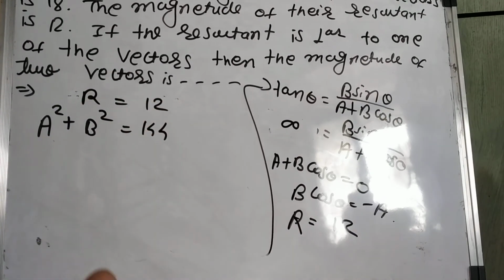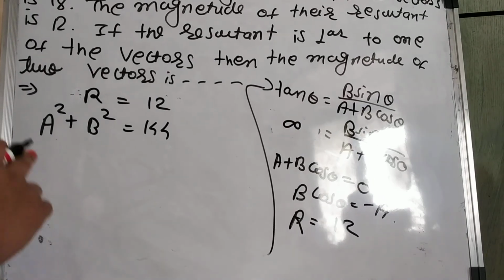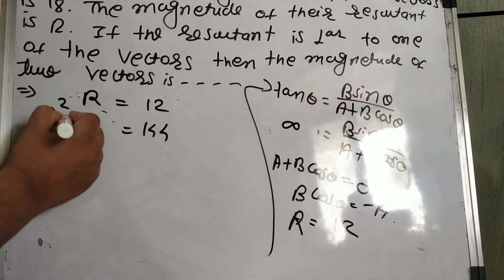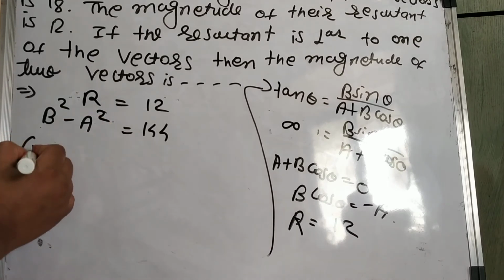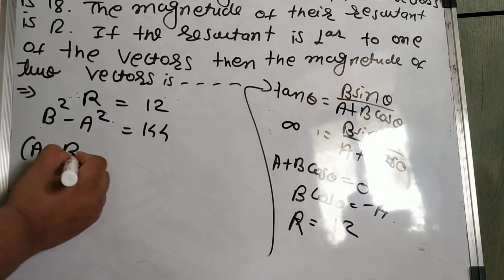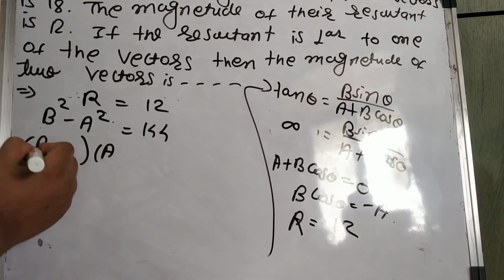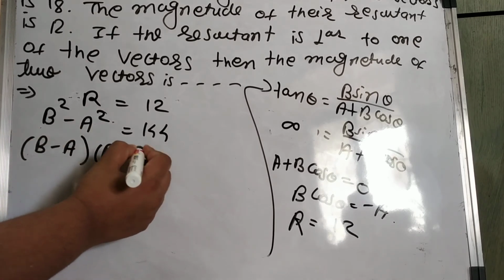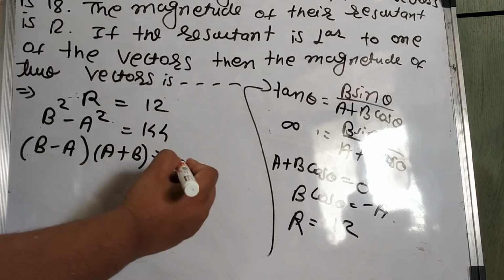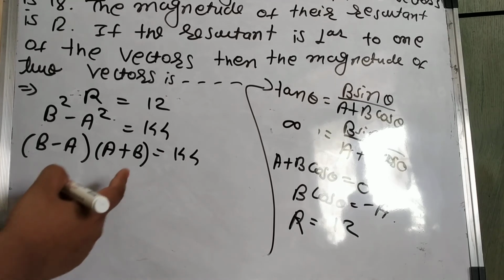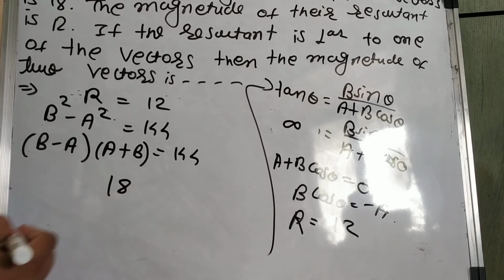R square is 12 square, how much is it? 144. And B cos theta is nothing but what? Minus A. Therefore this can be written as B square minus A square, which is B minus A times B plus A, equal to 144. A plus B is given to you. How much is it? 18.